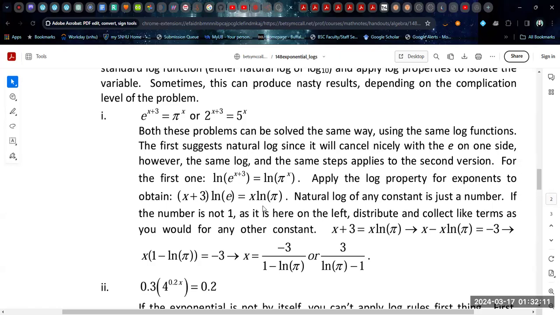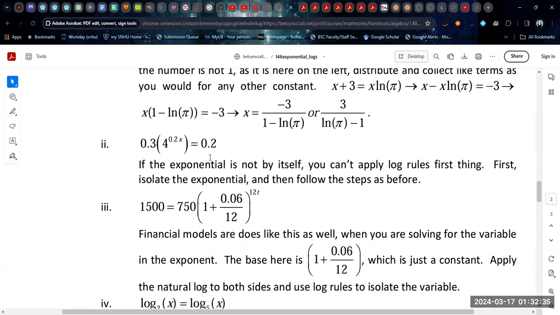And from that point, we can just go ahead and solve, collect our x terms on one side of the equation, factor out the x, and then divide both sides of the equation by that amount. And we get an ugly looking answer, but nonetheless, we do get an answer.